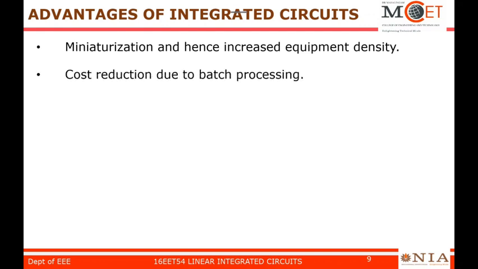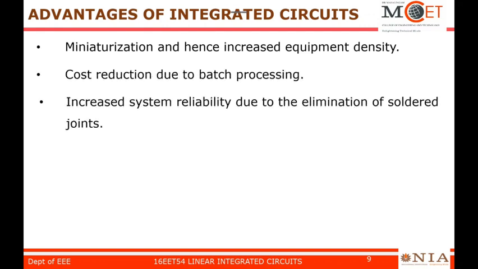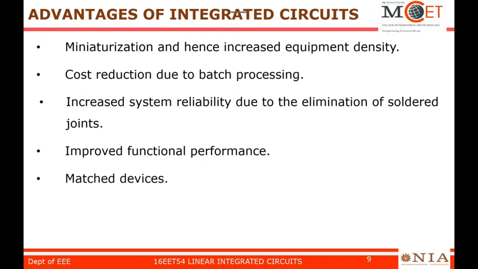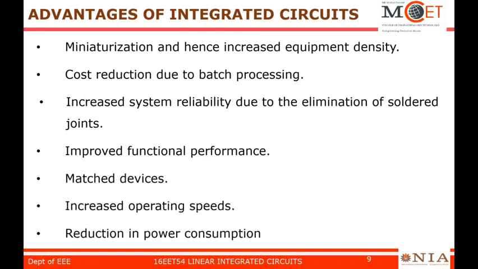Then cost reduction due to batch processing. For bulk manufacturing, the cost is reduced. Increased system reliability due to elimination of soldered joints, improved functional performance, matched devices, increased operating speeds, and reduction in power consumption.